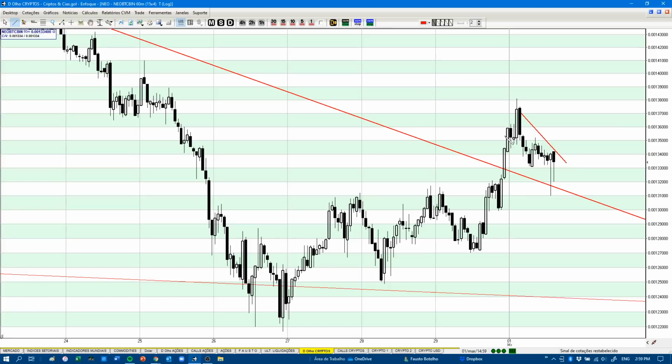sort of flag. What is a flag, my friend? It's the profit taking after this mast here. A lot of people bought over here and then made this gain. So a lot of people are selling not because they think the prices are coming down, but just because they want to take profits.